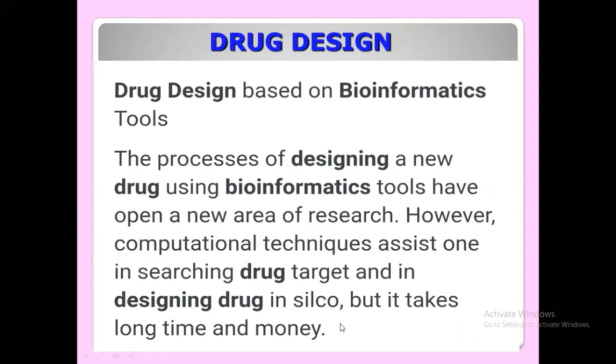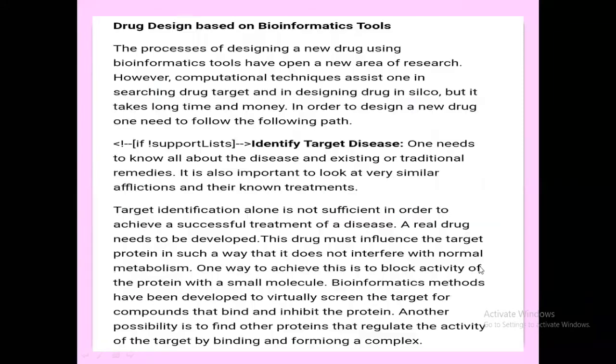In silico means using computer bioinformatics tools. So if you are designing a drug using bioinformatics tools, it is called an in silico study. When you compare it with the conventional method, it takes much less time.